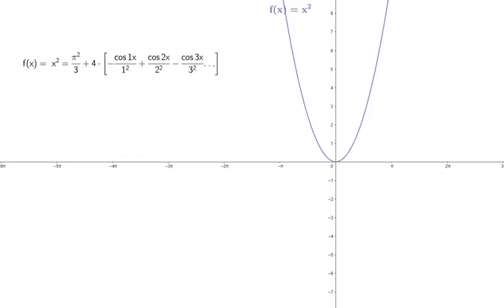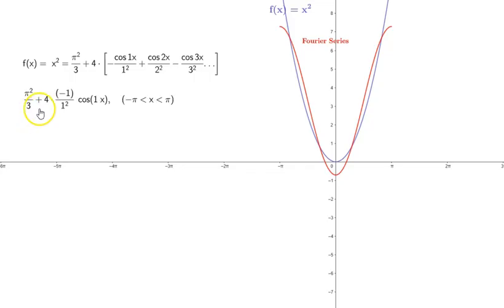When we plot this with, let's say, the first term, just including cos 1x by 1 square, we get this graph, which is approximating f of x equal to x square. So this graph is made up of pi square by 3 plus 4 times minus 1 by 1 square times cos 1x.